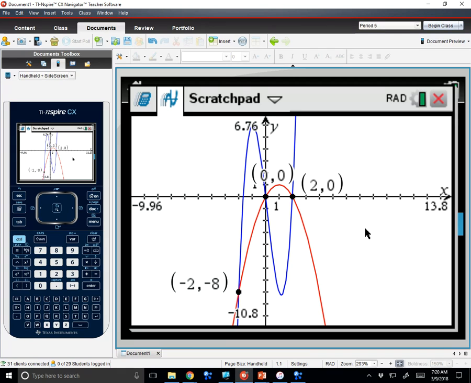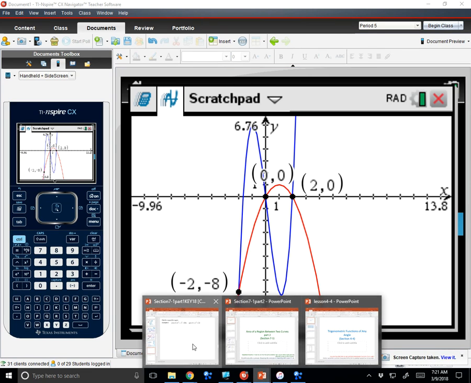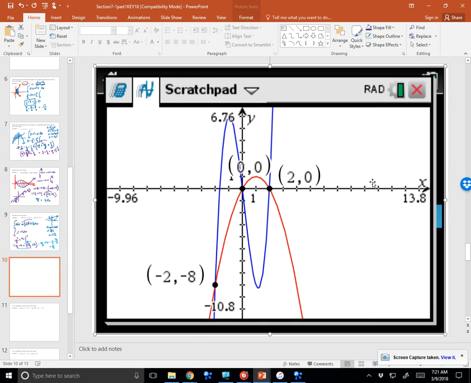Alright, once you have that, go ahead and sketch this into your notes. Okay? Give you about a minute, get it sketched, because I want you to make sure you have it in your notes so you know what the graph looks like.